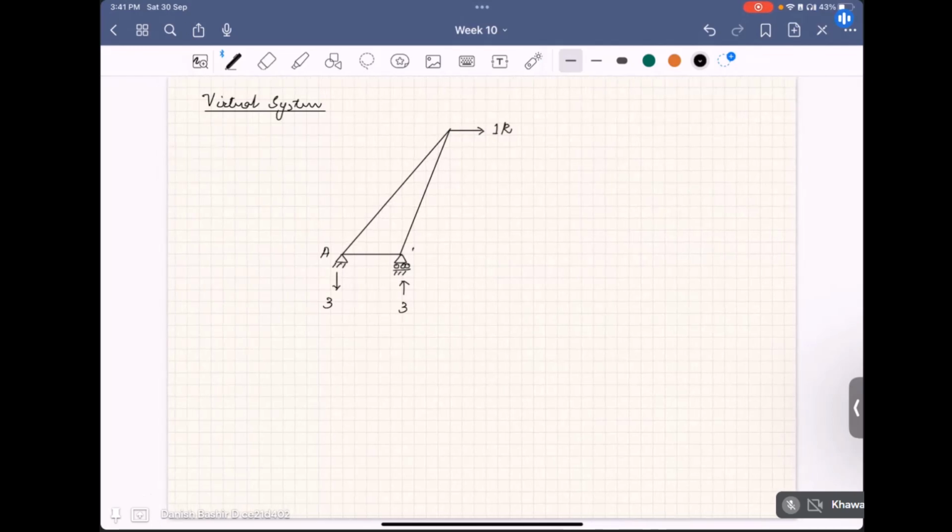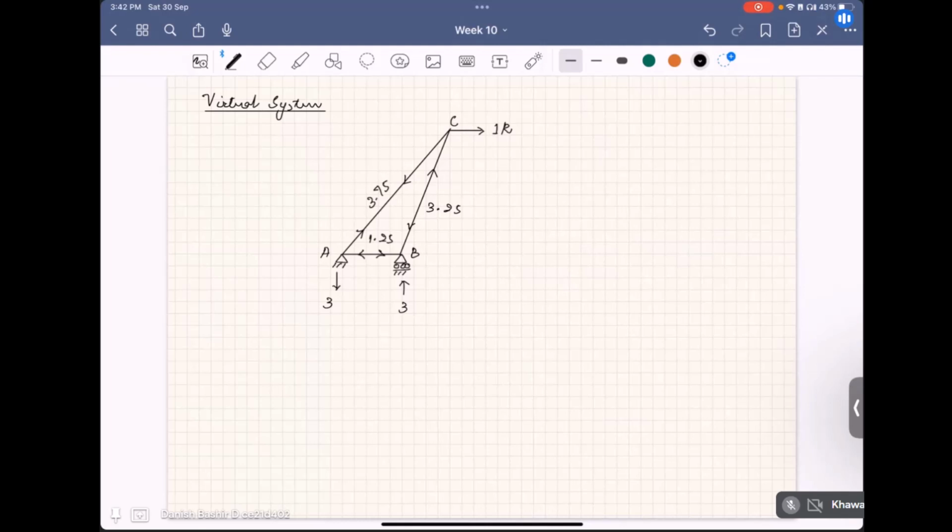This is A, B, and C. So again the forces will come here. This is 3.75 in the virtual system. This will be 1.25, 1.25, and this will be 1.25. This will be 3.25. Okay. This is because of using the method of joints.